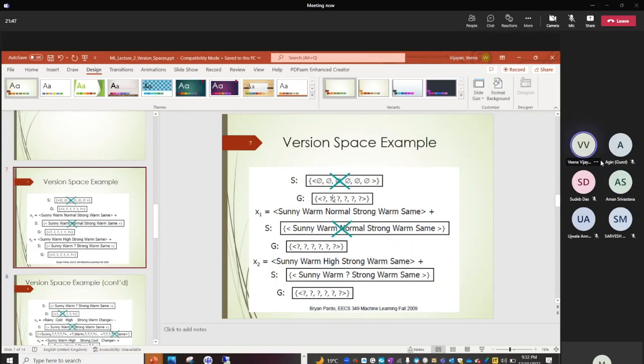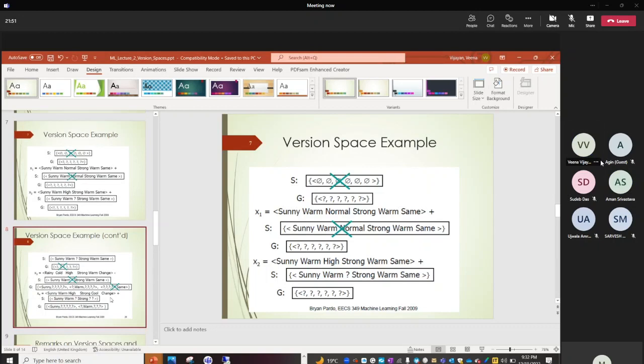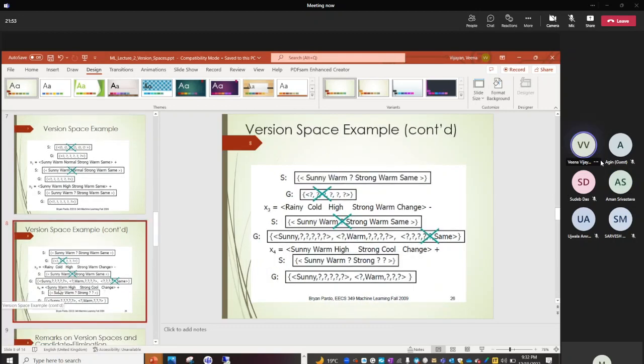Here we are comparing each time with the generic also. So going to the next case, this is the same. Now we take the third case.